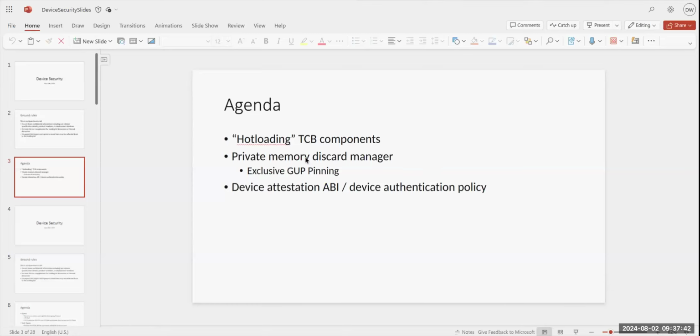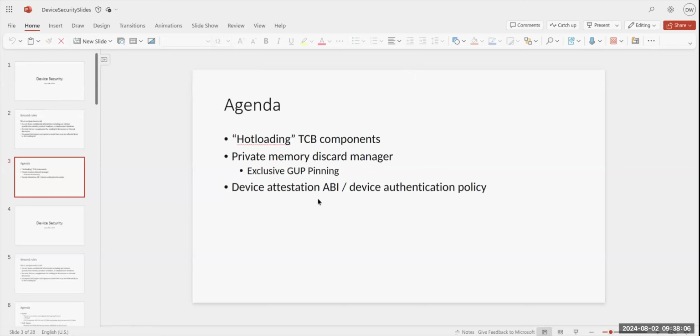So the other thing I wanted to highlight in this call was some pending patch sets that are on the list, two of them. One is what I'm calling the private memory discard manager. The patch is actually called shared device support. The link to the patch set is in the meeting notes.